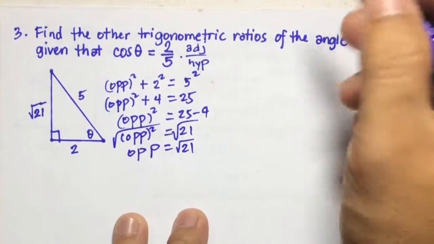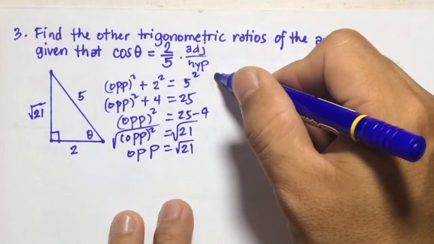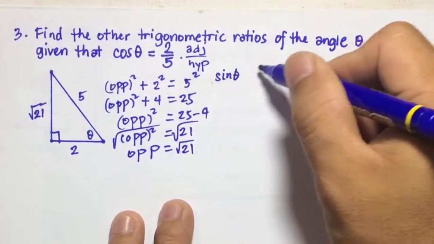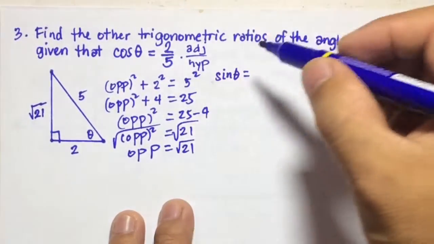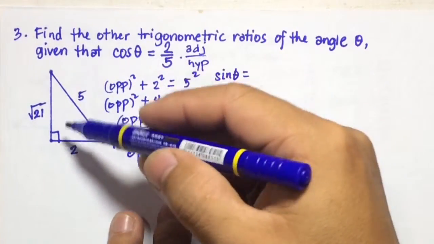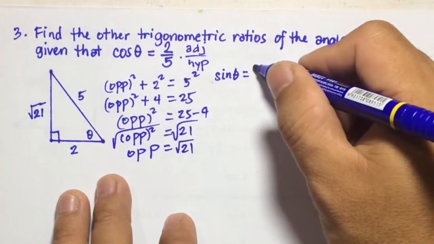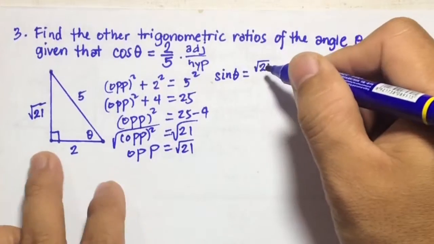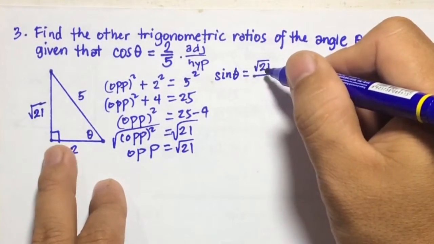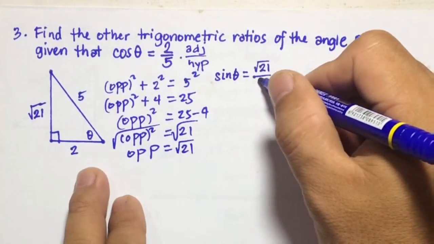Then finding the 6 trigonometric ratios, sine of theta will be opposite over hypotenuse. So we're going to have here square root of 21, opposite side, over hypotenuse, which is 5.